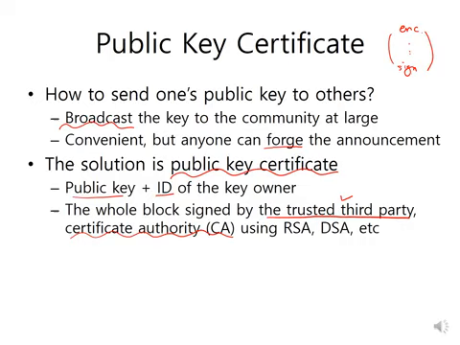In order to verify the signature, we just need to get the public key of the CA. In this case, of course, we should assume that the public key of the CA is already given. On the basis of that assumption, we can verify the public key of some specific user. So that is the idea of the public key certificate.